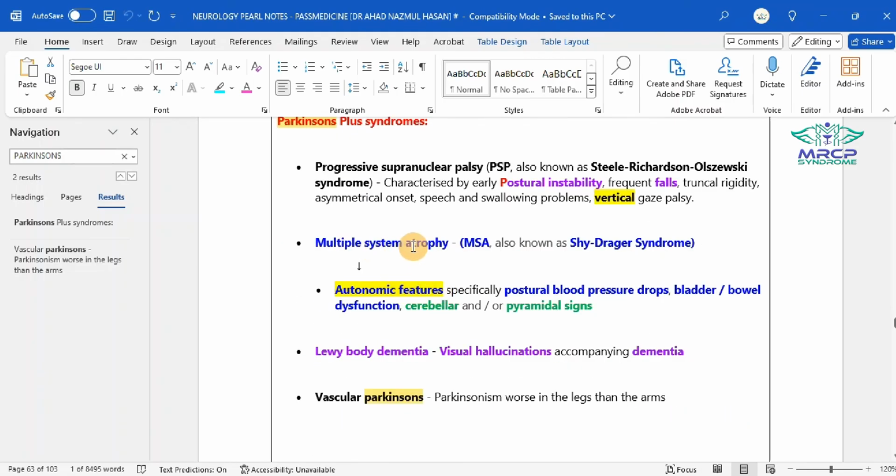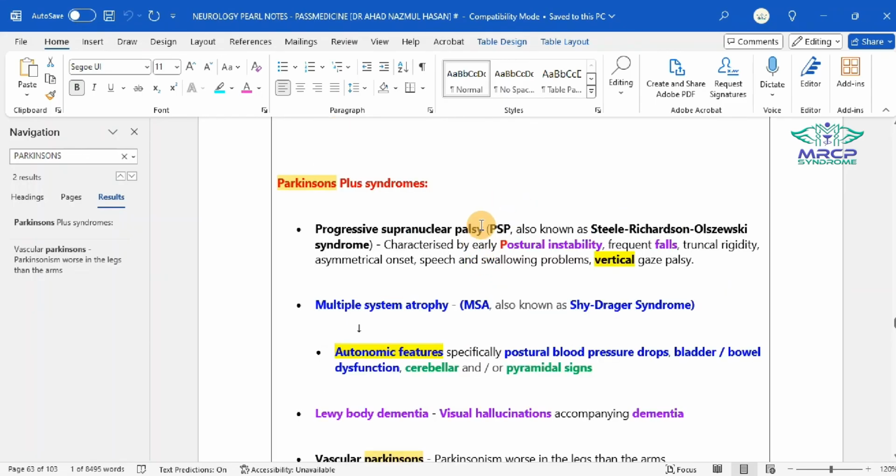And in case of multi-system atrophy, there would be autonomic features. Autonomic features can be postural drop of blood pressure, bowel or bladder dysfunction, or erectile dysfunction. Along with the autonomic features, there can also be associated cerebellar or pyramidal signs.